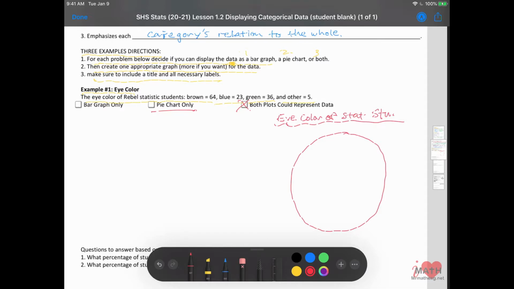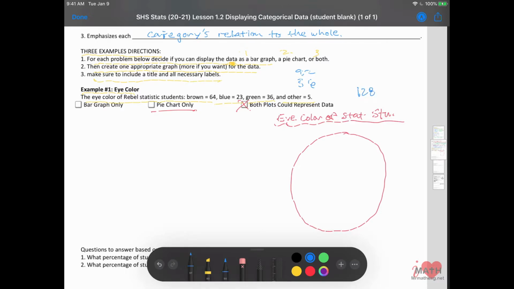So if you have 64 brown eyes, and if you actually did a total, you would do something like 64 plus 23, 87, 87, 92, 92 plus 36 gives me 128.